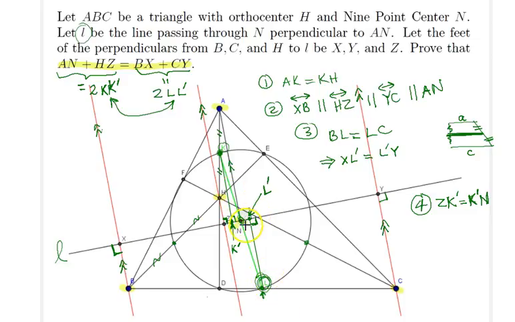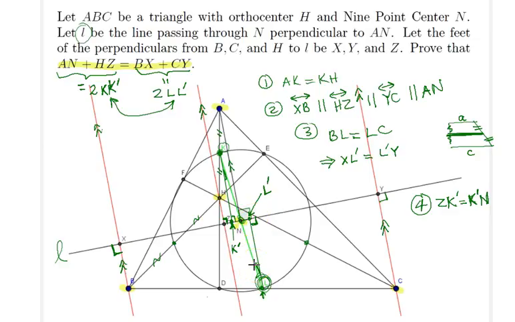And so we have angle similarity here. In fact, more than similarity, we have a congruence here because KN is equal to NL, and then you have a bunch of equal angles here and here. For instance, angle K prime KN is equal to angle NLL prime.